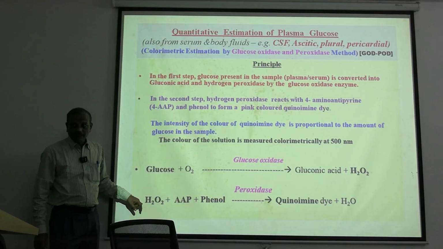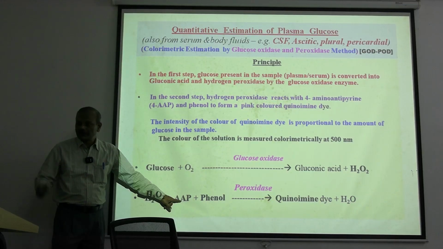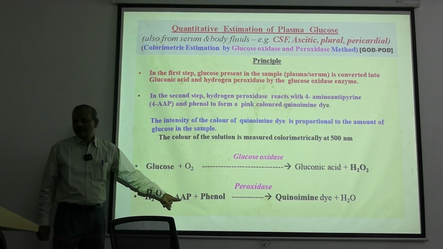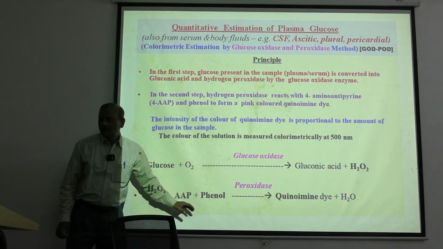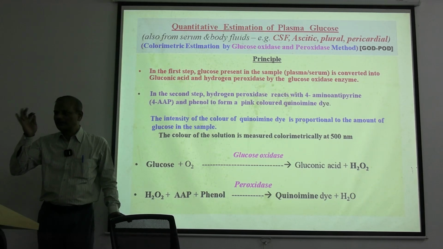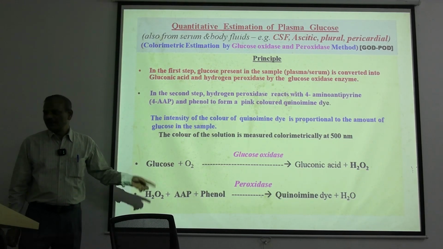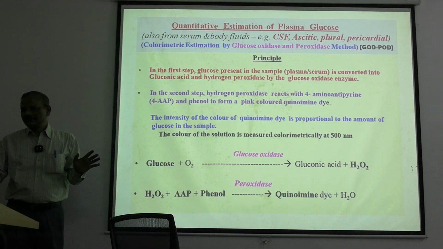is reacting with amino antipyrine or aminophenazone. 4-amino antipyrine is there in the reagent. You should look at the reagent. And the phenol is there. That is basically a colorless compound. We have to make it colored to quantify it. So now we are indirectly allowing the reaction to occur to make a color.